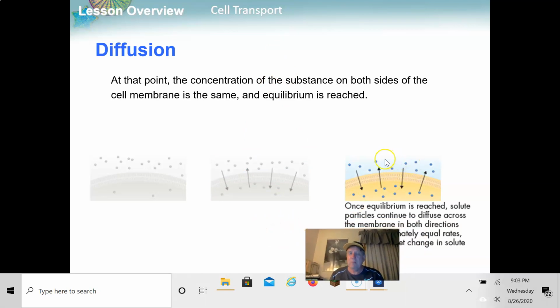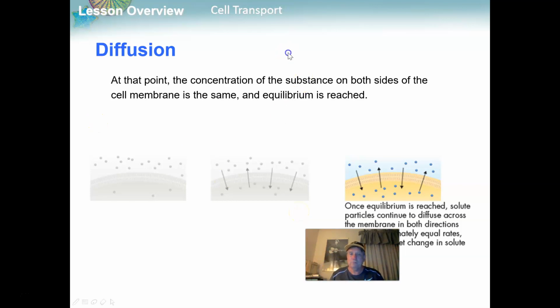We get the same amount of blue dots on the inside of the cell and on the outside of the cell. Now, just because we reached equilibrium, which is what happens when you have equal amounts on both sides, that doesn't mean that there's not still an in and out flow of these particles.